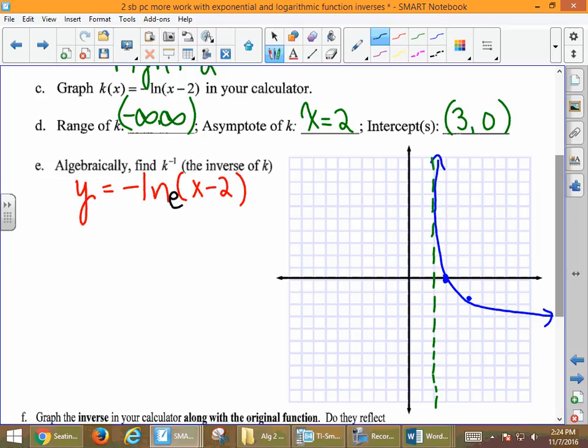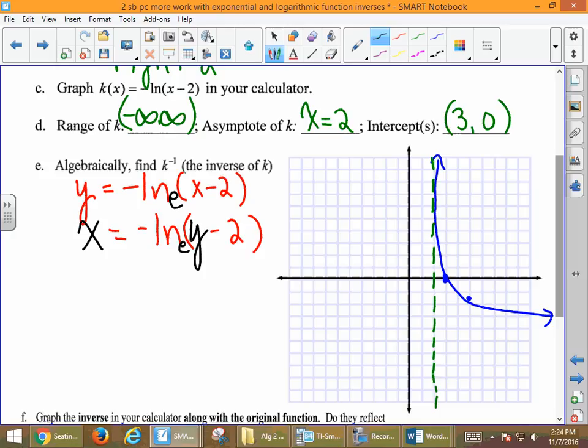If you push second, it gives you an e to the x on there. And what we're going to do is we're going to find the inverse of the function. And the way that we find the inverse of the function is we switch the x and the y. So it's going to be x equals negative the natural log of y minus 2. We'll get that e back in to the problem.